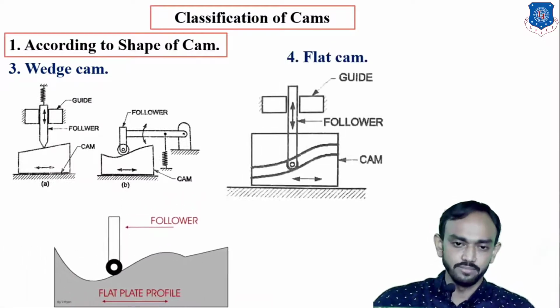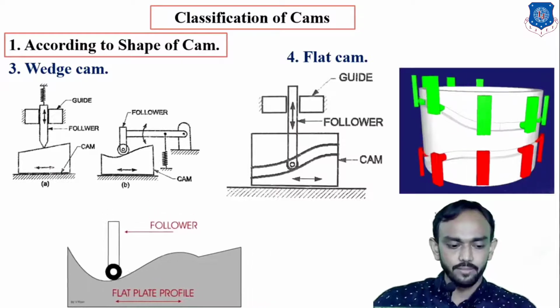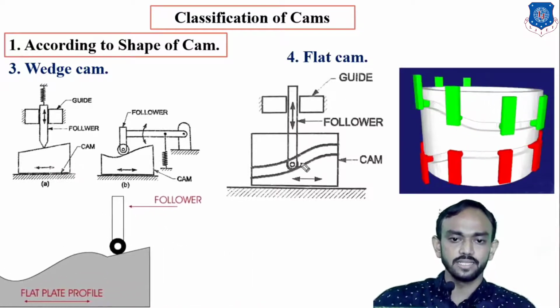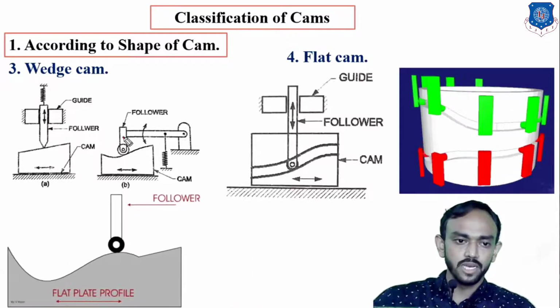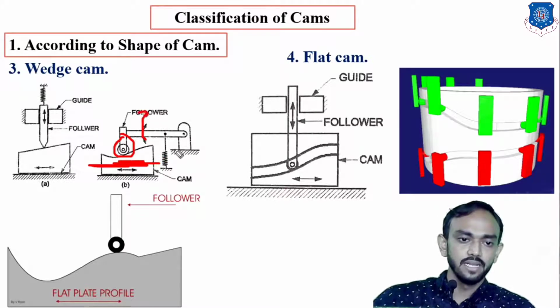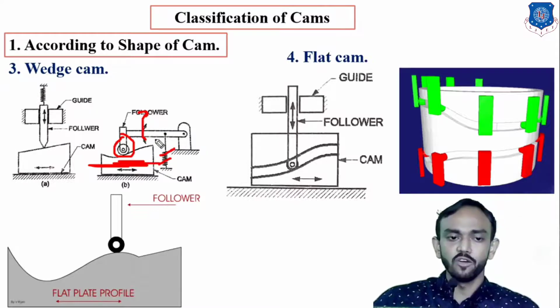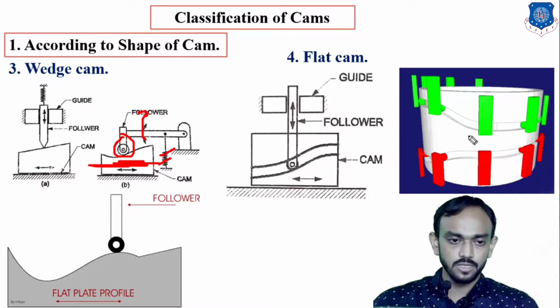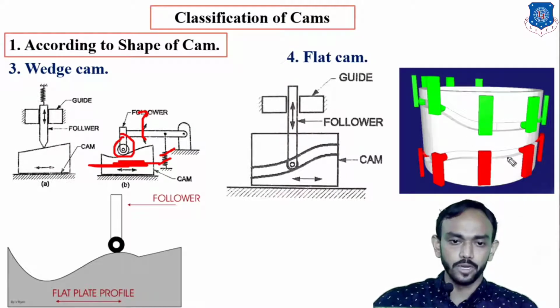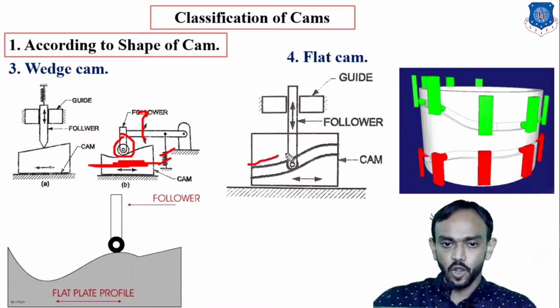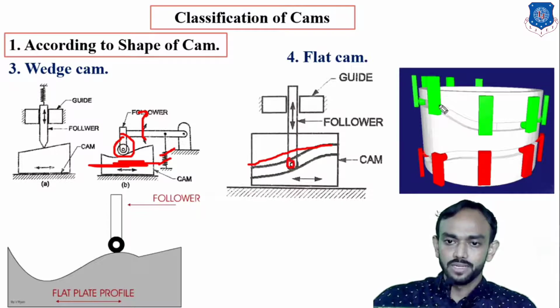The same type, but with a minor difference, is the flat cam. In the flat cam you can see there is a slot, and the roller is totally free here. If this plate is moving at very high speed, there is a possibility that the follower moves upward if no spring is given, so there is a possibility of loss of point of contact. But if there is a slot here and the follower is fixed in it, there is no such possibility.